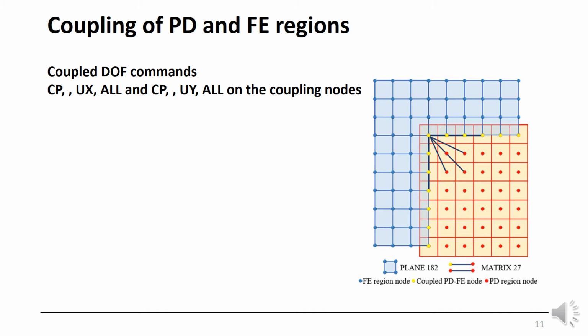In the pink region here, I have peridynamic interactions through the MATRIX27 element, and in the blue region, I have traditional PLANE182 elements. And on these yellow nodes, I specify this coupled degrees of freedom command. So I make sure that the displacement components in the X direction and Y direction are the same whether I come from the FE region or from the PD region.